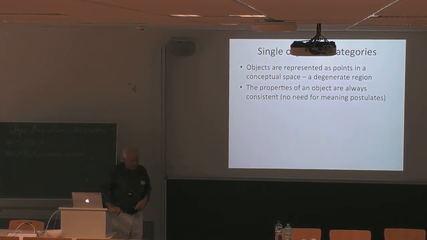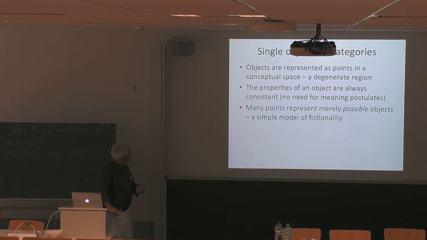If you go to traditional analytic philosophy, then you have to introduce what are called meaning postulates, saying that green things are not red and red things are not green. You have to have these kinds of postulates to make sure that you don't get conflicts between the different properties.